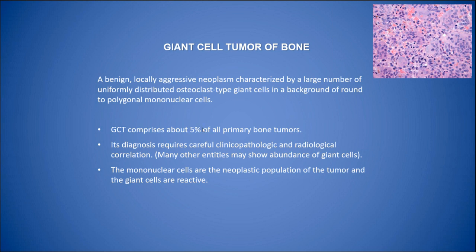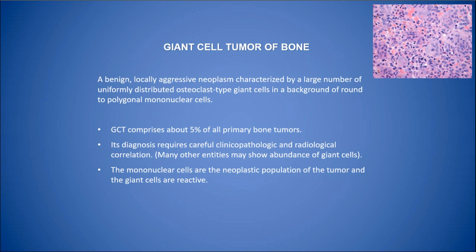It comprises about 5% of all primary bone tumors, and the diagnosis requires very careful clinical radiological correlation, and now even immunohistochemical and genetic correlation, because there's a ton of tumors that can have a lot of osteoclast-type giant cells. Many times, in the majority of the cases, they are reactive, but they can mimic a giant cell tumor.